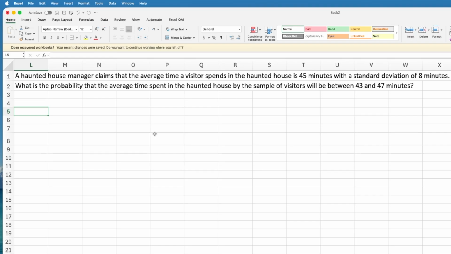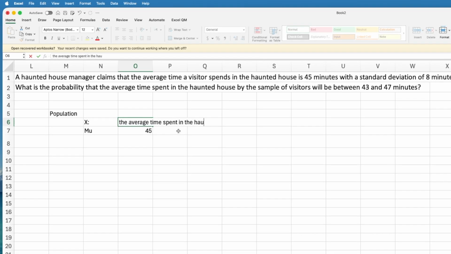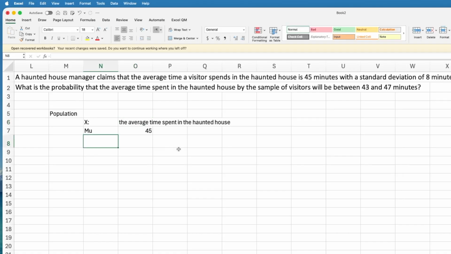So we have a population. The average of the population is given to us, 45 minutes. By the way, we need to also define X. The random variable is the average time spent in the haunted house. Average is 45 and standard deviation or sigma is 8 minutes.